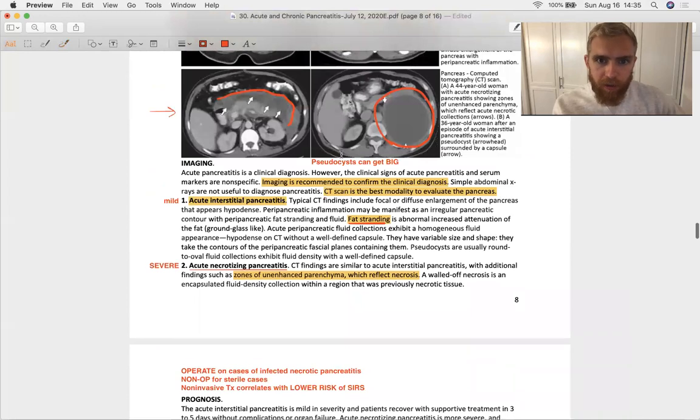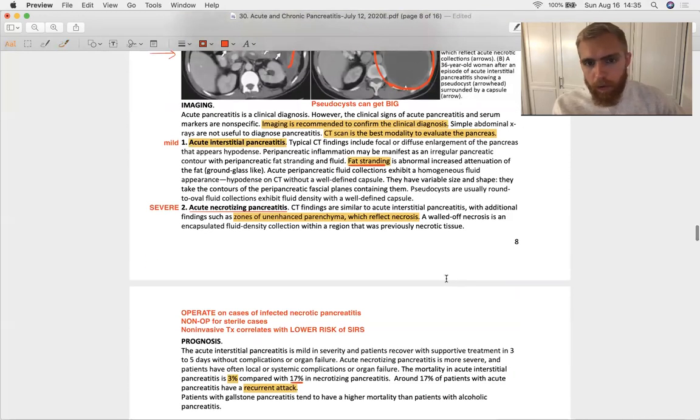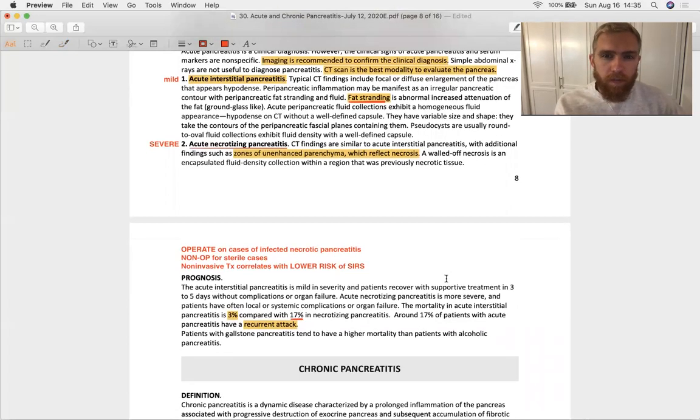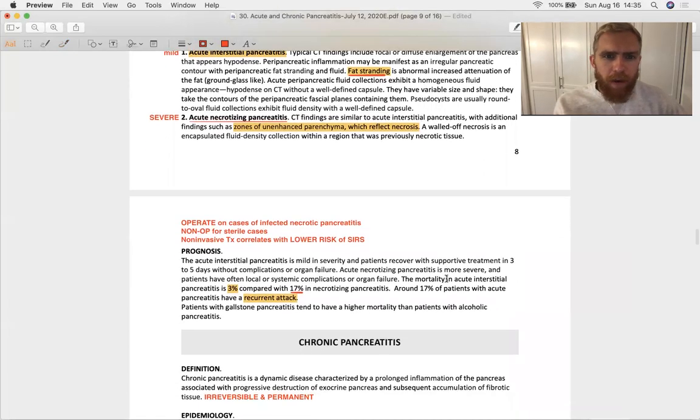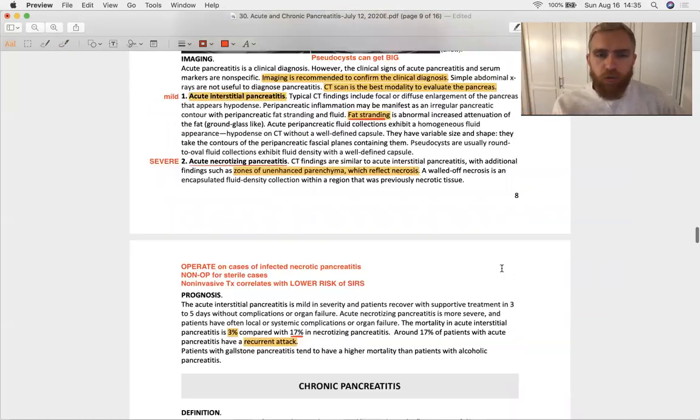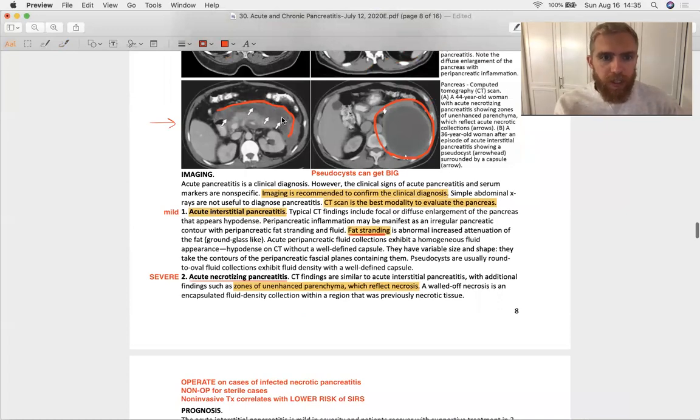I'm not seeing any good examples of it up here, but that's a good leading point if you want to do some more research about that on your own. And then acute necrotizing pancreatitis has zones of unenhanced parenchyma, which reflect necrosis and fluid edema, as exhibited by the white arrows on this bottom left quadrant.